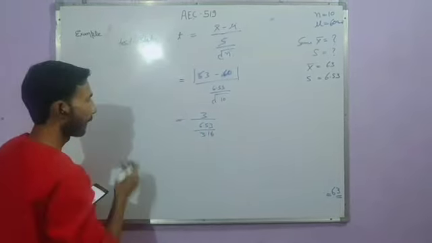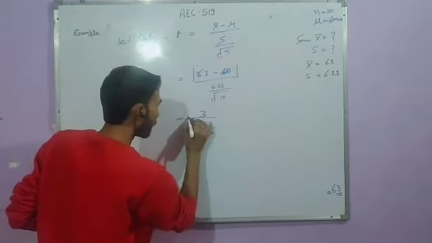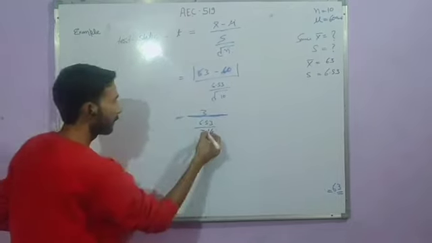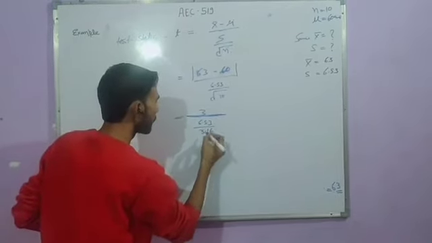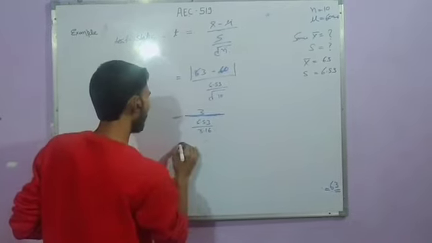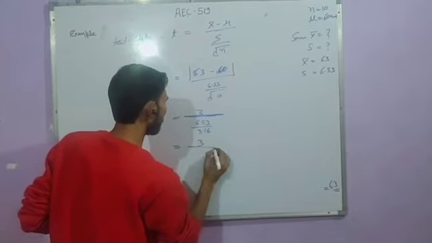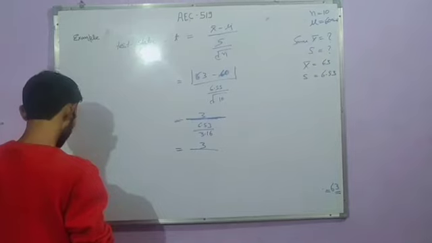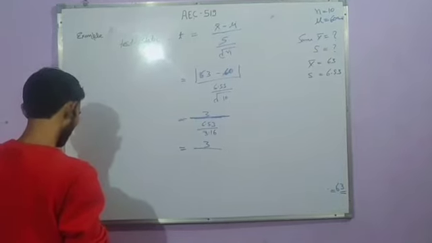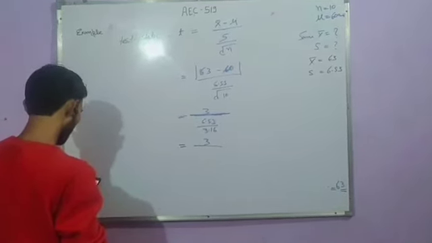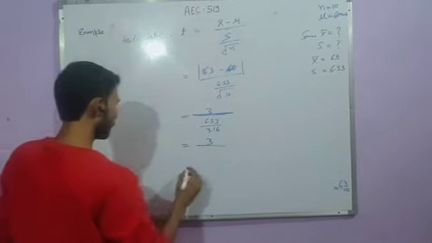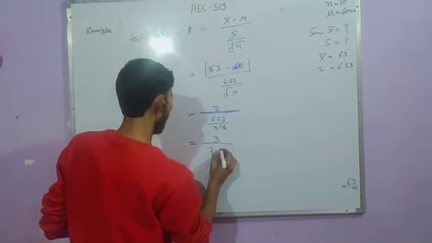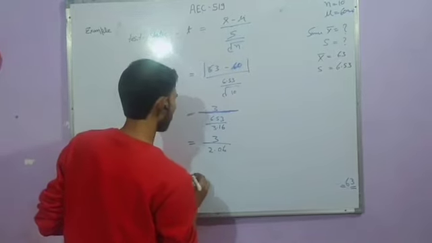Okay, now we divide 6.53 by 3.16, and we find 2.06.